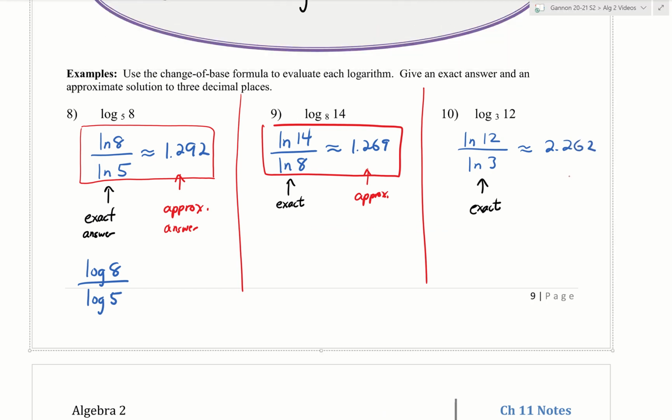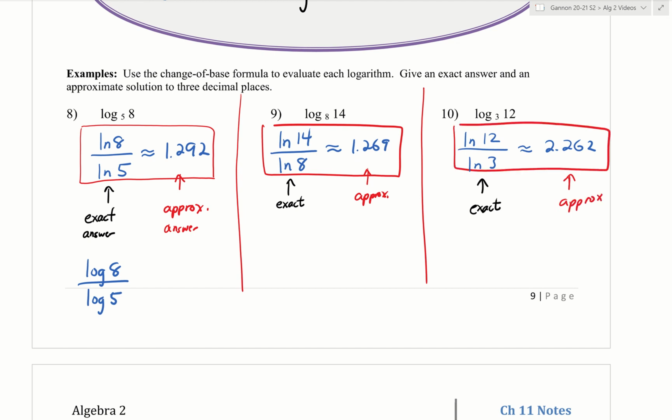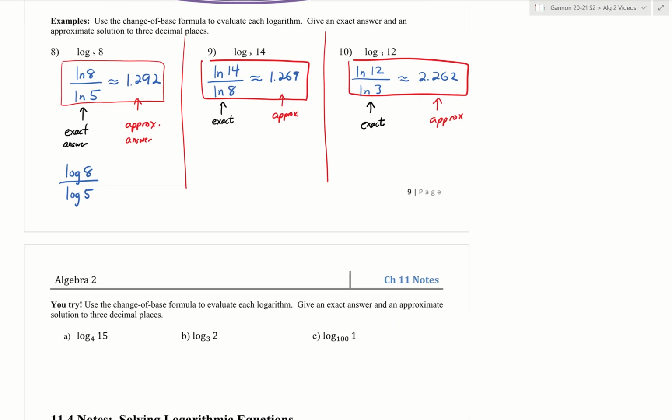That again is the approximate solution, and we are done. Okay. So there are a couple more examples below for you guys to try with the change of base. Again, you can plug those in, see what you get.